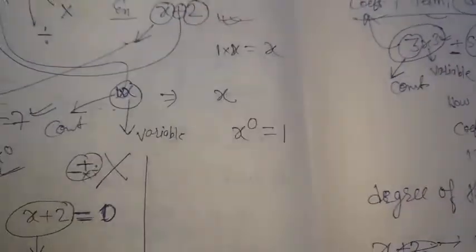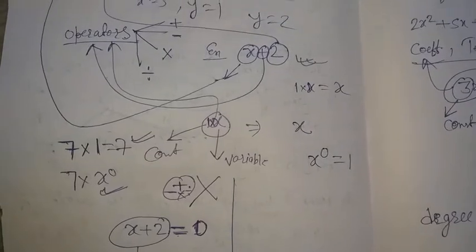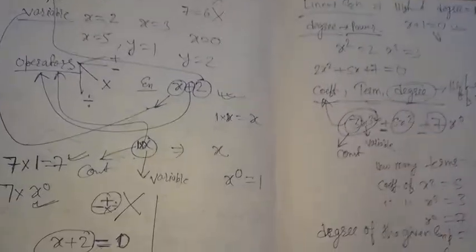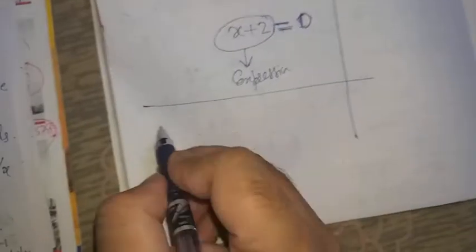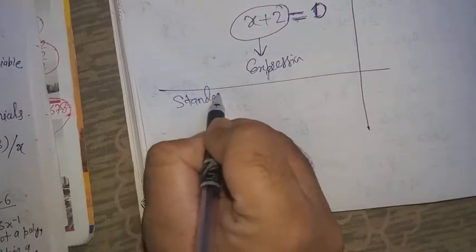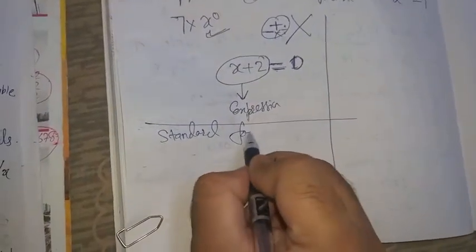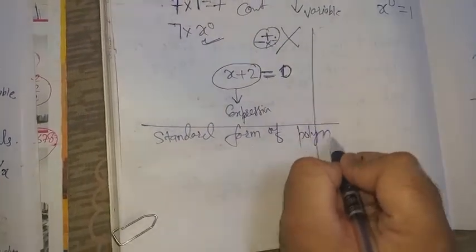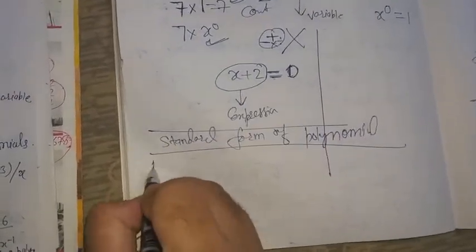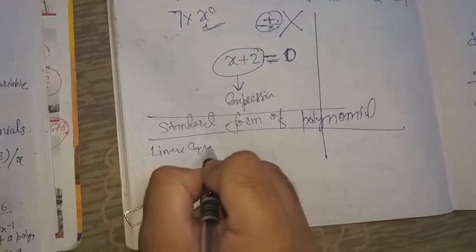So these are the types of equations and the types of expressions. Just do some questions based on that discussion. One more thing is the standard form of a polynomial.